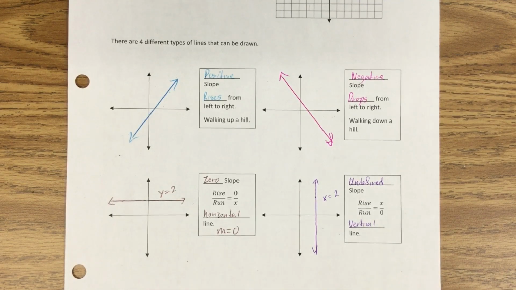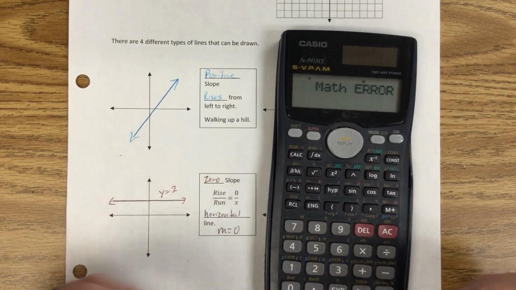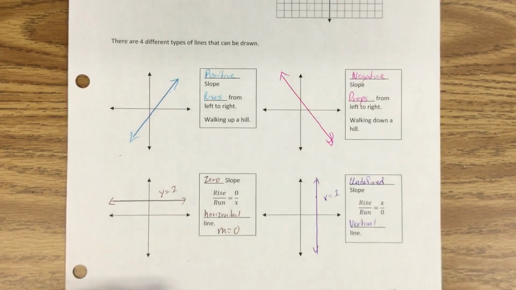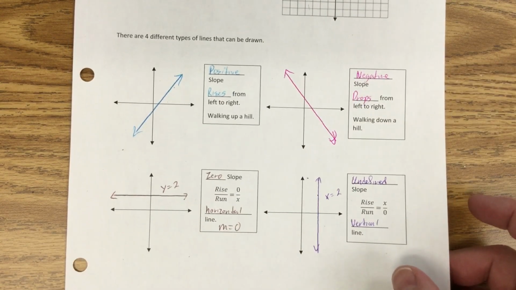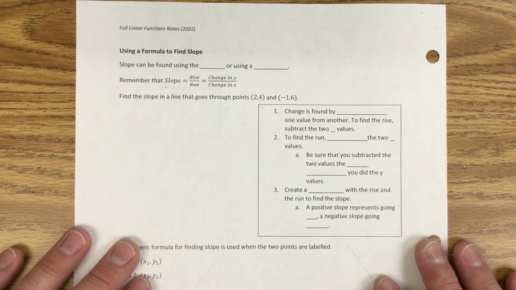It is mathematically impossible to divide by 0. If you do 9 divided by 0 on your calculator, it's going to give us a math error. So it gives us an undefined slope. It's a vertical wall, if you want to think of it that way. We can't walk up that. You've got to climb it if you really want to.